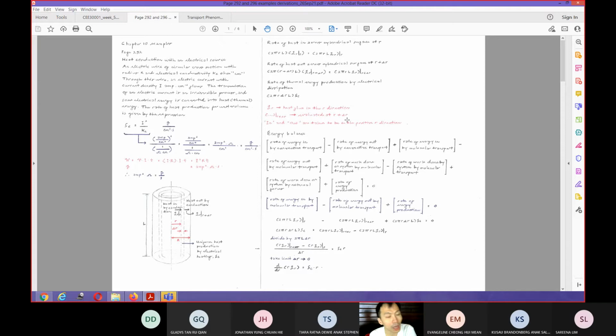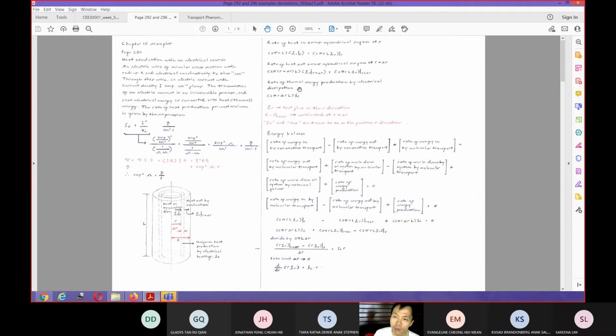I hope I go very slow in here so that everybody can understand that R is different from R plus delta R. But R evaluated at R plus delta R is basically equal to R plus delta R. You can look at my notes in here, so I don't need to explain these things again.